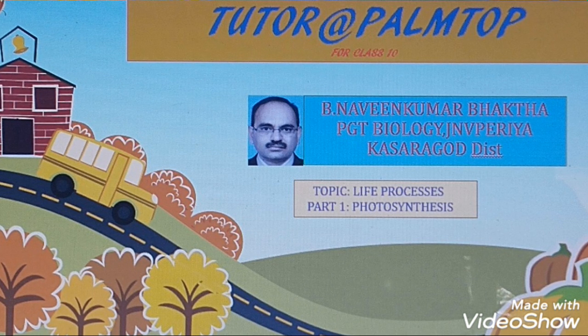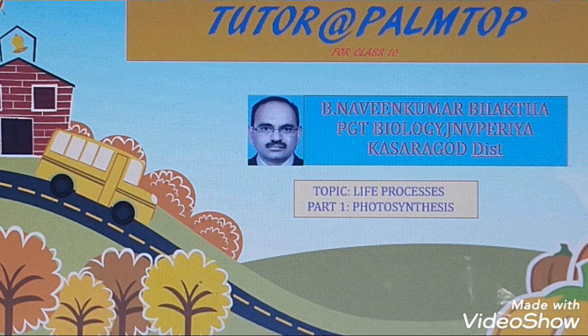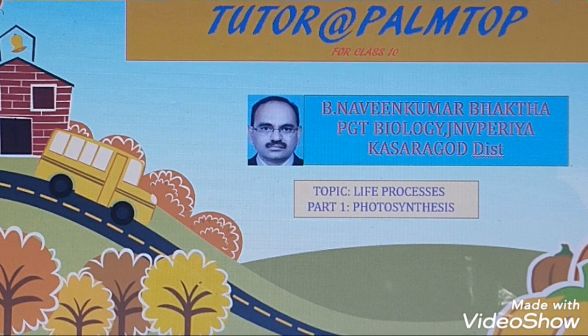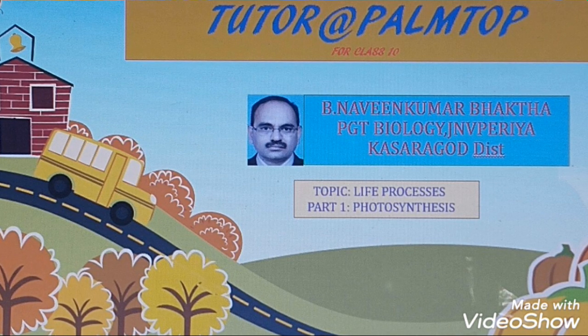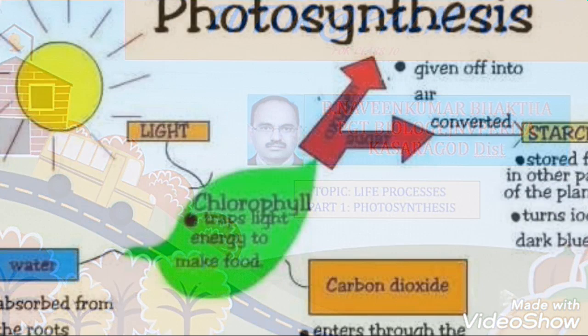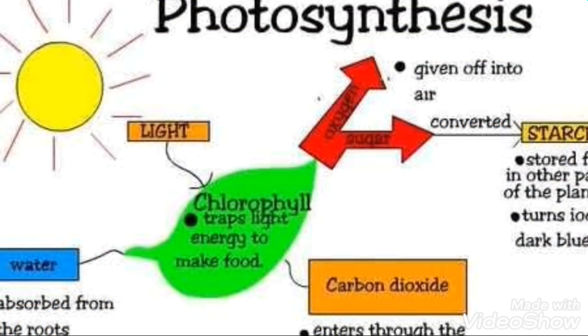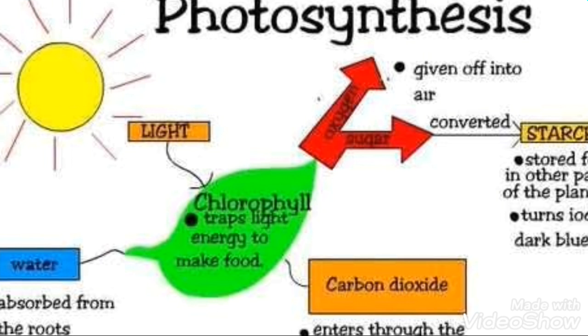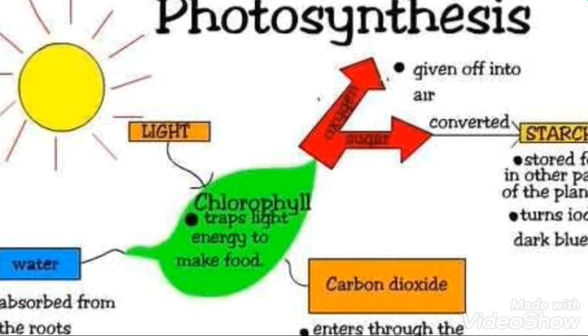In photosynthesis, light energy is converted into chemical energy. There is chlorophyll in plants that can trap the sunlight, and the raw materials required for photosynthesis are carbon dioxide and water.